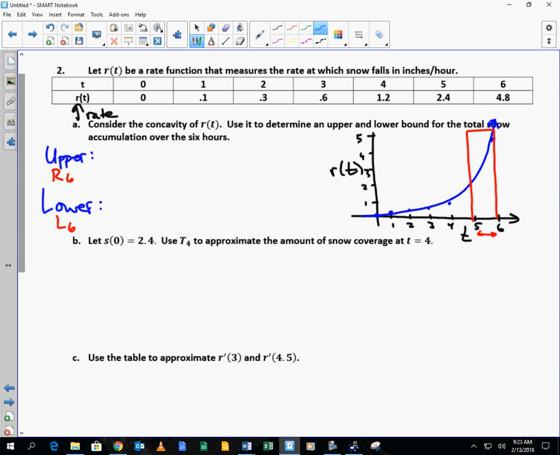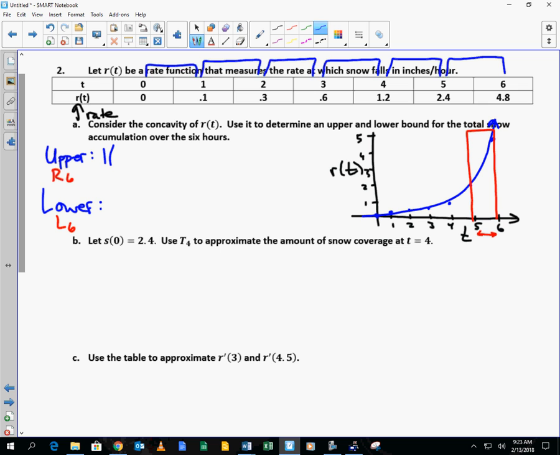Well, what's the width of each rectangle? 1 times, where do I evaluate the first height? Okay, all right, let's pretend you can count. Where do you evaluate the first height?